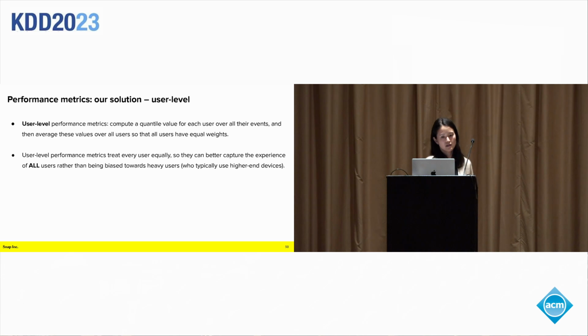The good thing about user-level performance metrics is that they treat every user equally, so they can better capture the experience of all users rather than being biased toward heavy users, as we see in the event-level metric.